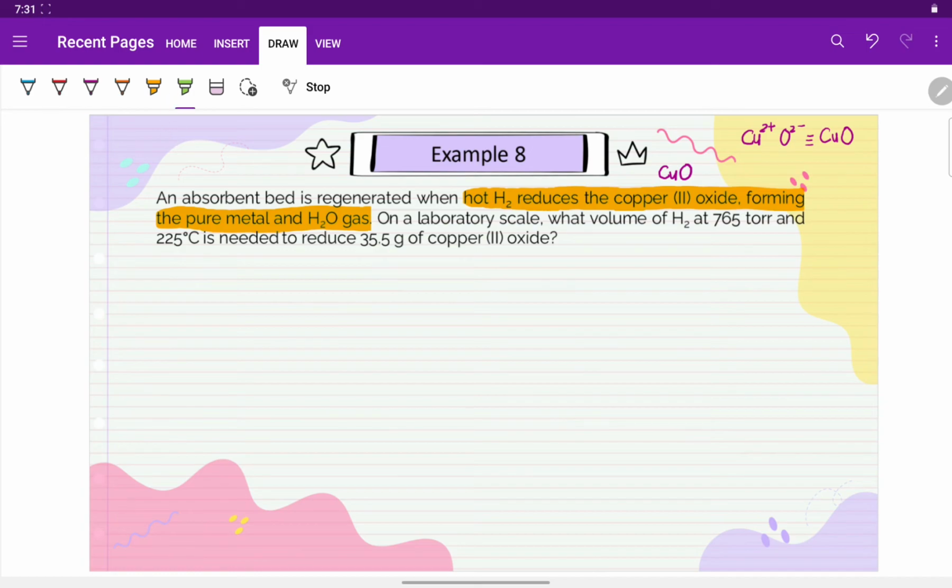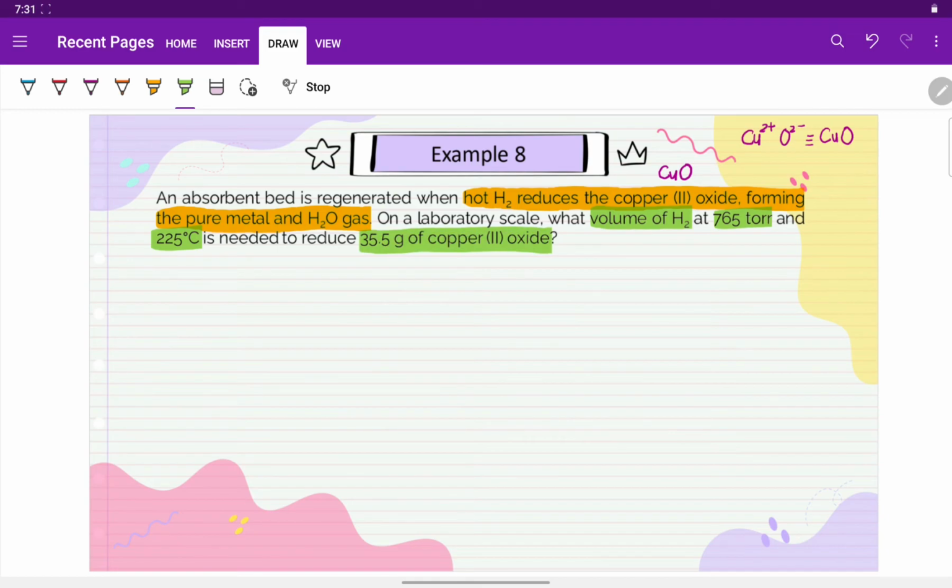Okay, kita sambung. On a laboratory scale, what volume, so dia minta kita cari berapa volume hydrogen gas at 765 torr and 25 degrees Celsius is needed to reduce 35 gram of copper oxide.